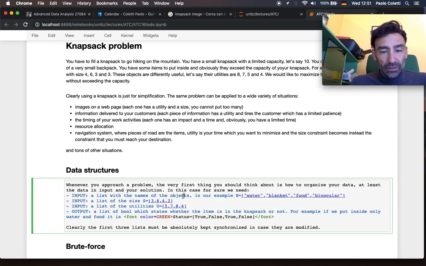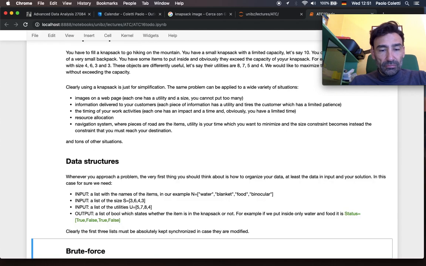You have some items, each one has a size and a utility. And you have a knapsack in which to put the items, which has a limited capacity, so a maximum size of the objects. You must maximize your utility.